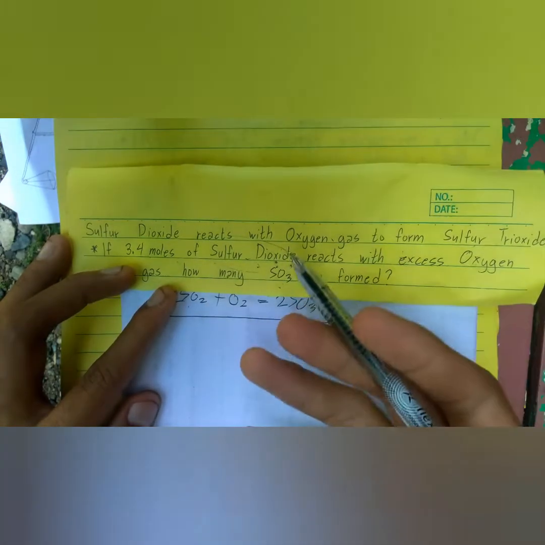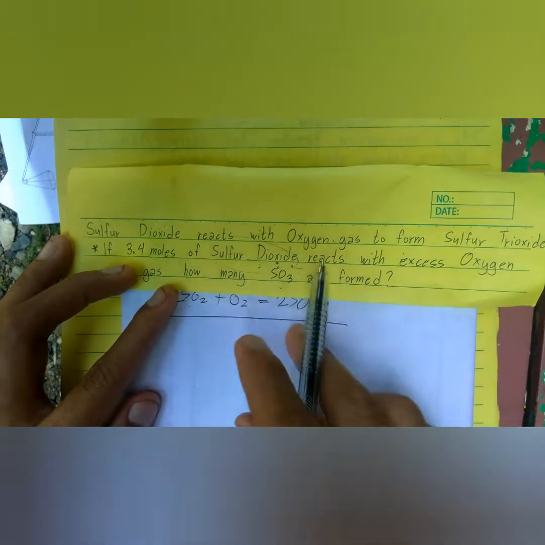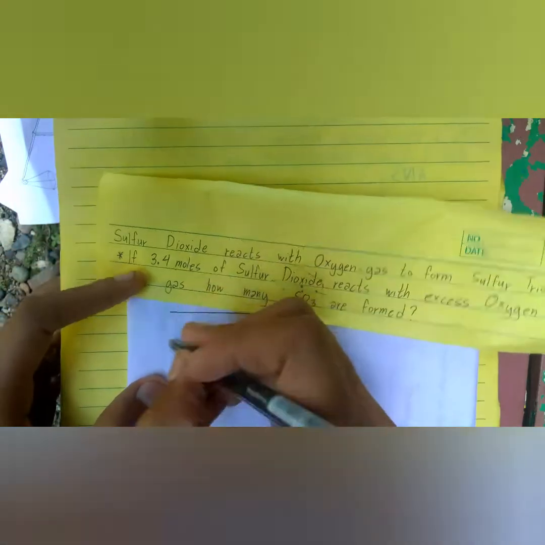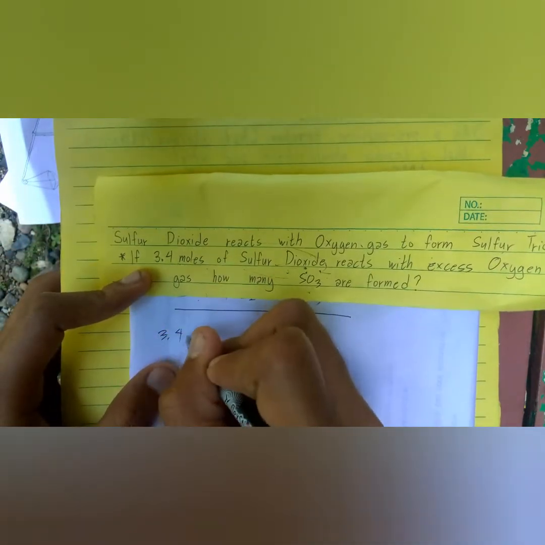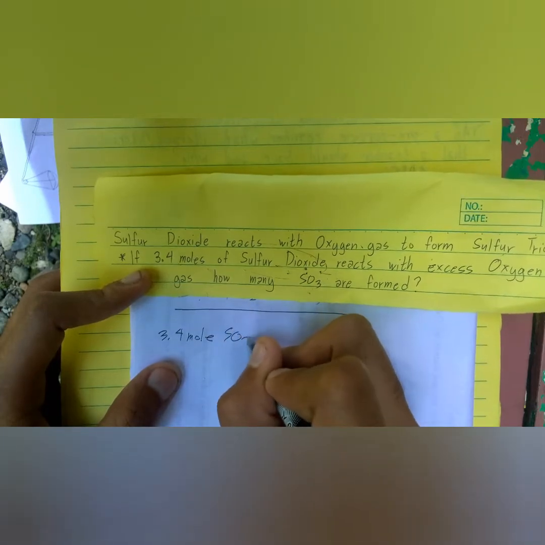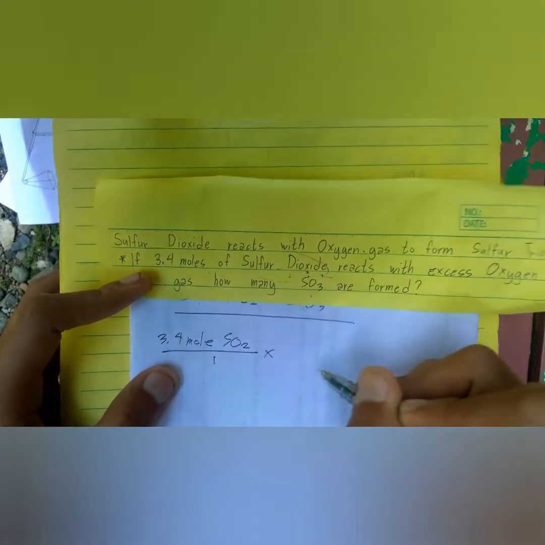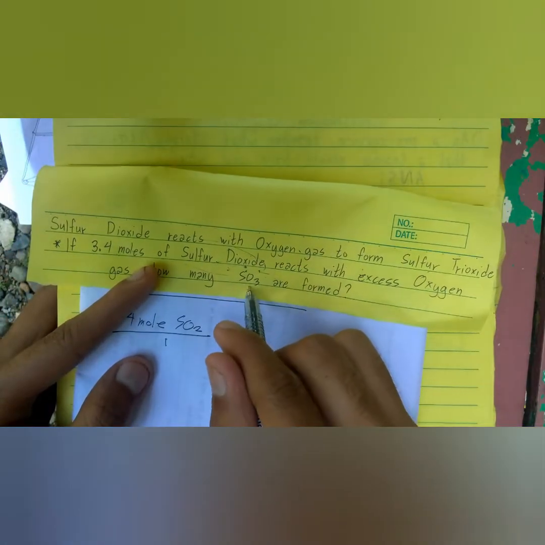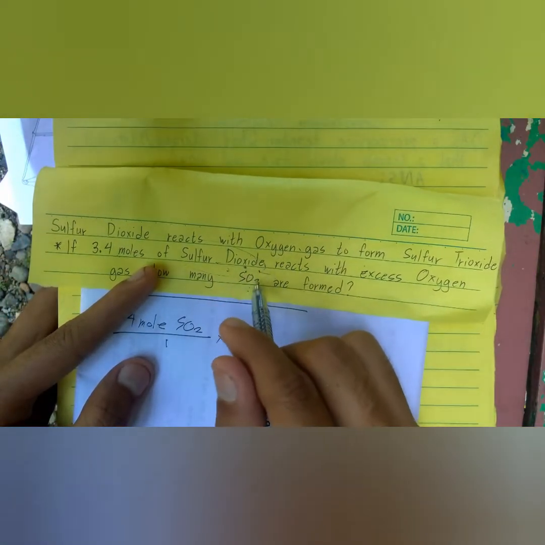So we are tasked to calculate the number of moles of substance B from the given moles of substance A. So let's first write the number of moles of substance A, which is 3.4 moles of sulfur dioxide, and the number of moles of sulfur dioxide that reacts in the reaction to produce a mole of sulfur trioxide.